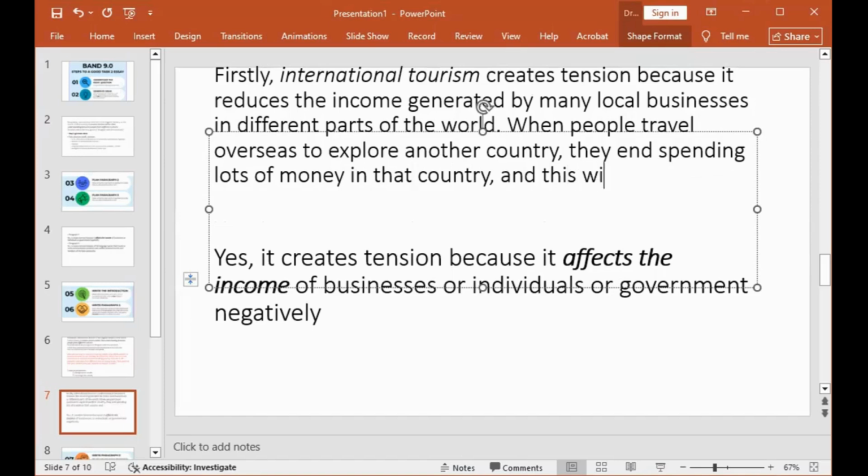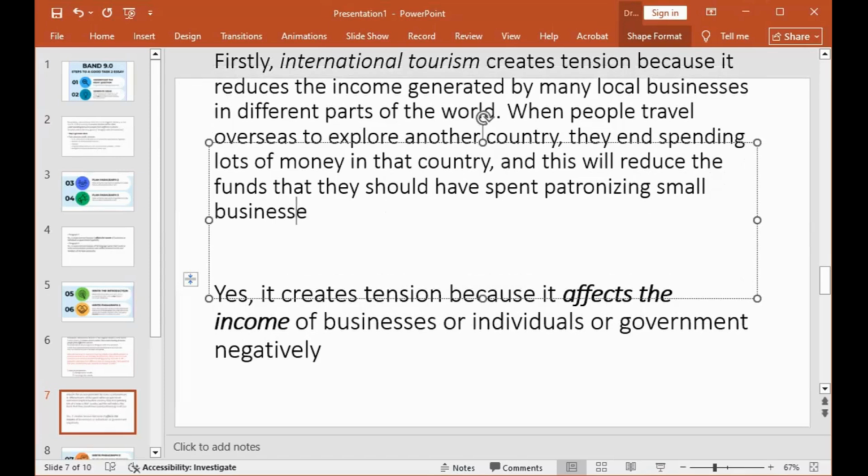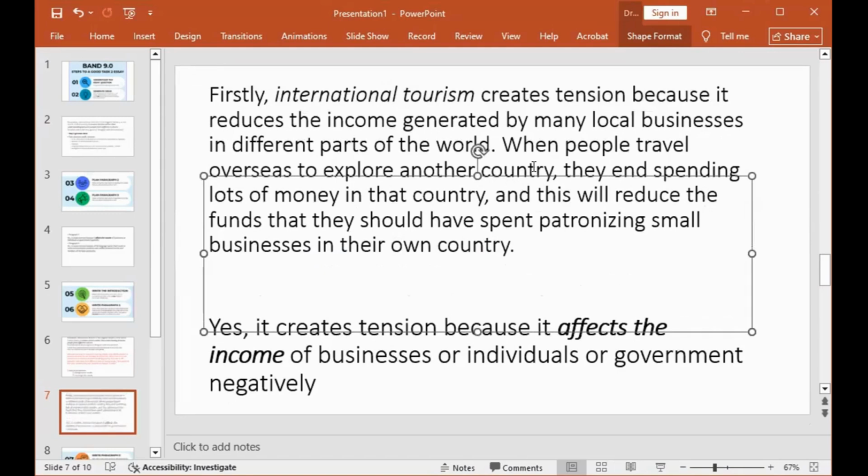And this will reduce the funds that they should have spent patronizing small businesses in their own country. Do you get my point here? So I've explained how this thing affects the income generated by local businesses.